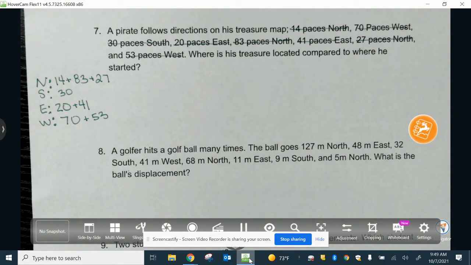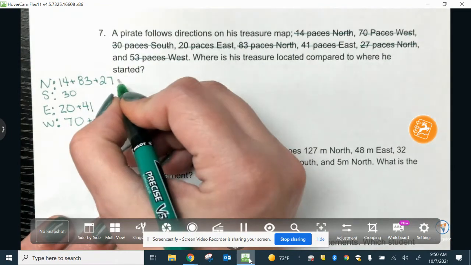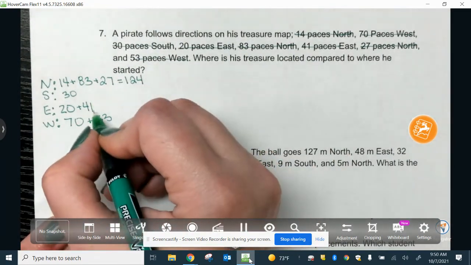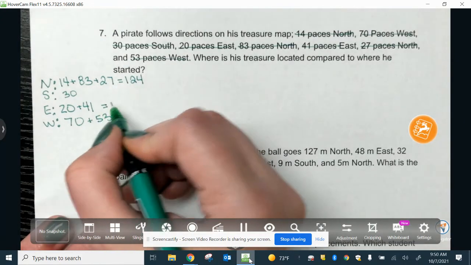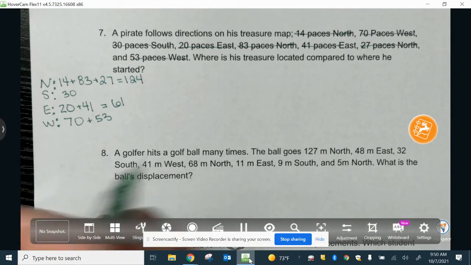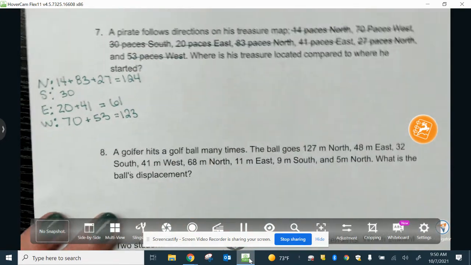All right, what do you do with vectors in the same direction? You add them. So 14 plus 83 plus 27 should give you 124. 20 plus 41 should give you 61. And 70 plus 53 should give you 123.